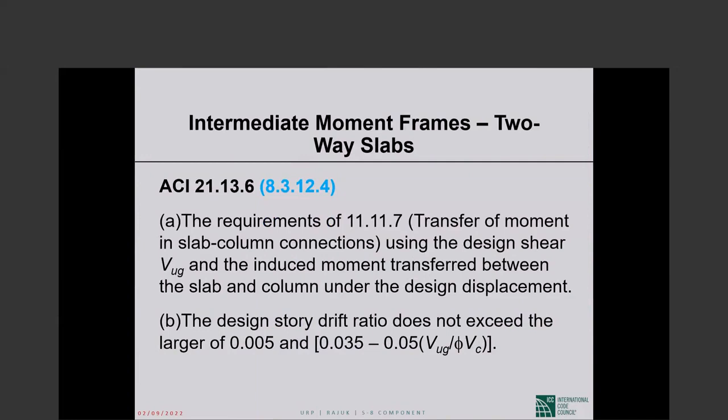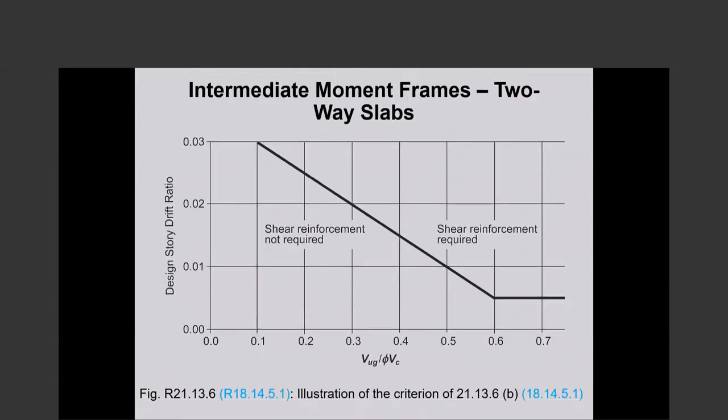Anyway, so let me try to explain this requirement with this picture. This is commentary to section 21.13.6. This figure is in there. Okay, and this is a very, very important figure.